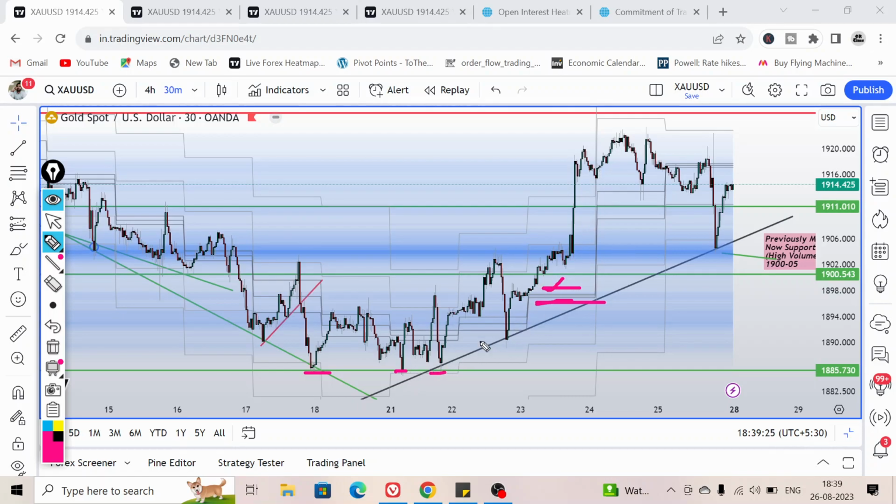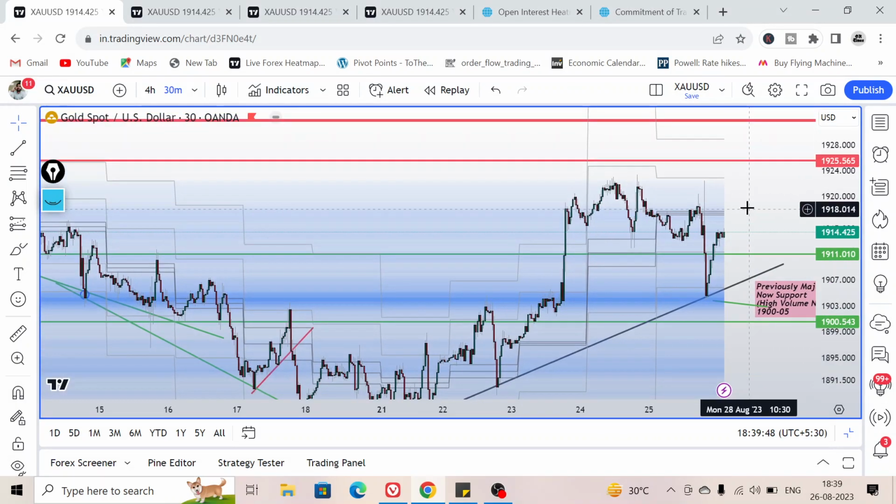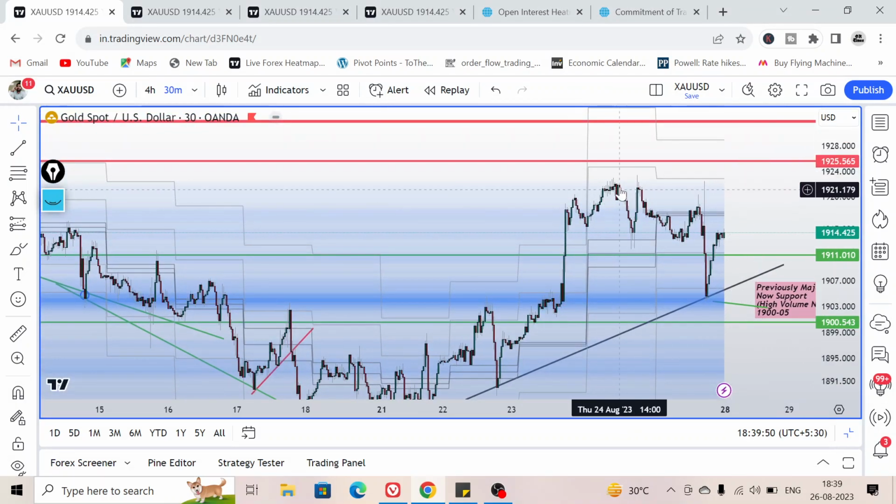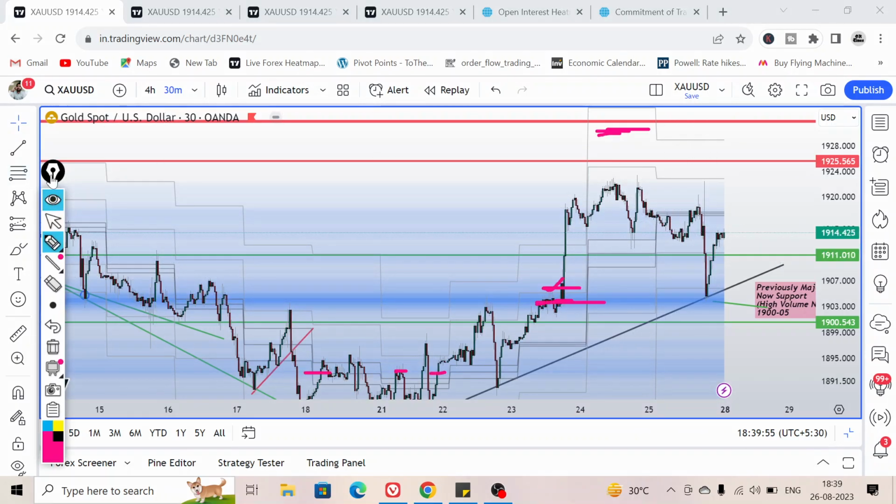But after the Wednesday trading session, the price extended from this trend line, and the next resistance was 1925. We have seen that the gold bulls got exhausted near the level of 1922, and they were not able to test the level of 1925, and price retraced back in the Friday trading session.